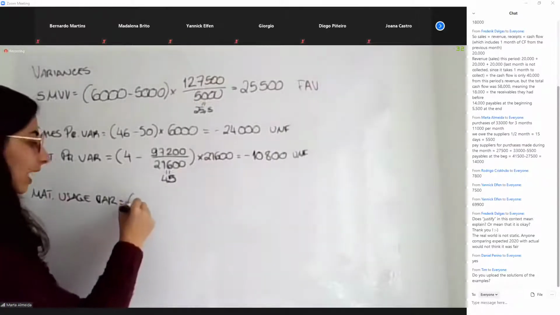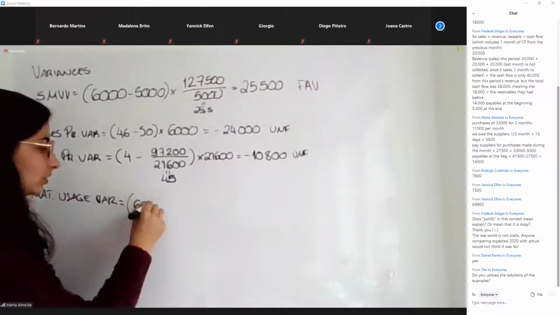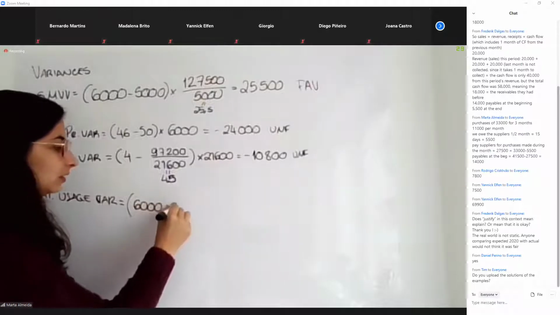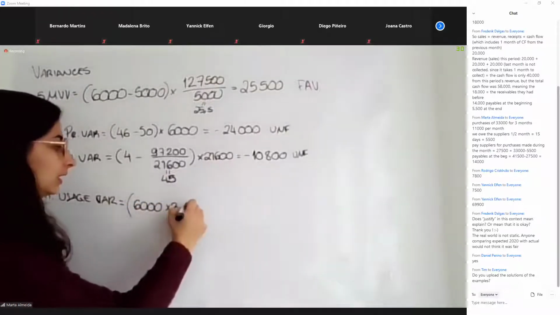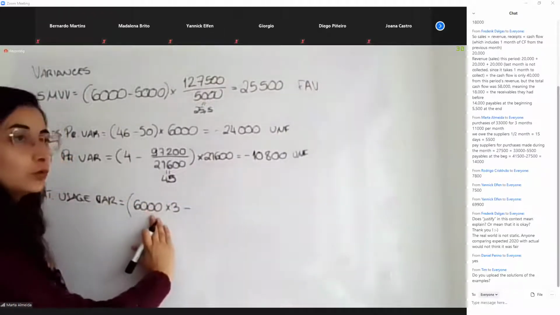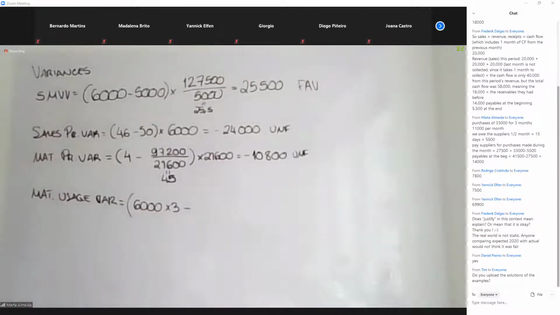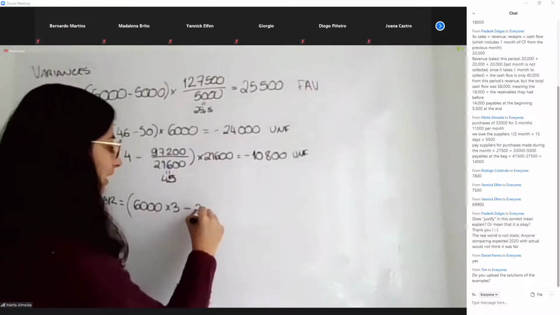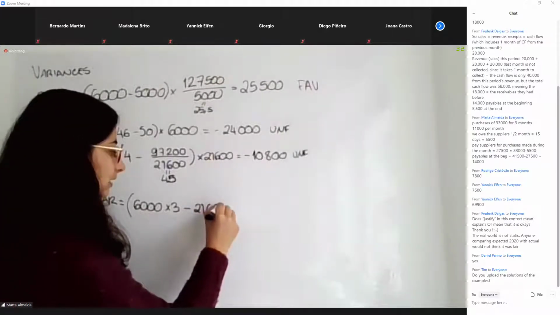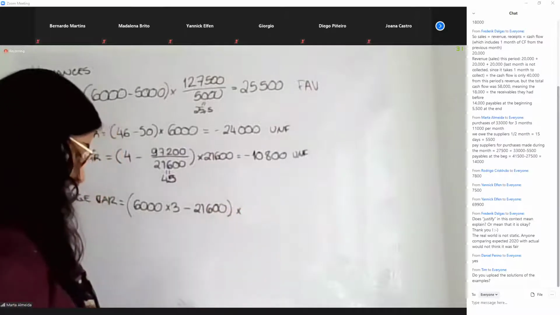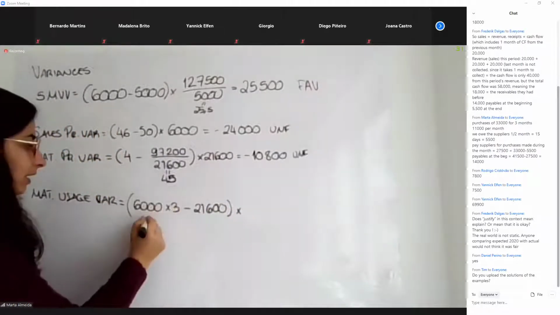So with actual volume of 6,000 units times the 3 meters per unit, that is the budgeted volume consumed for the actual output, minus the actual volume of materials, which was 21,600 meters.